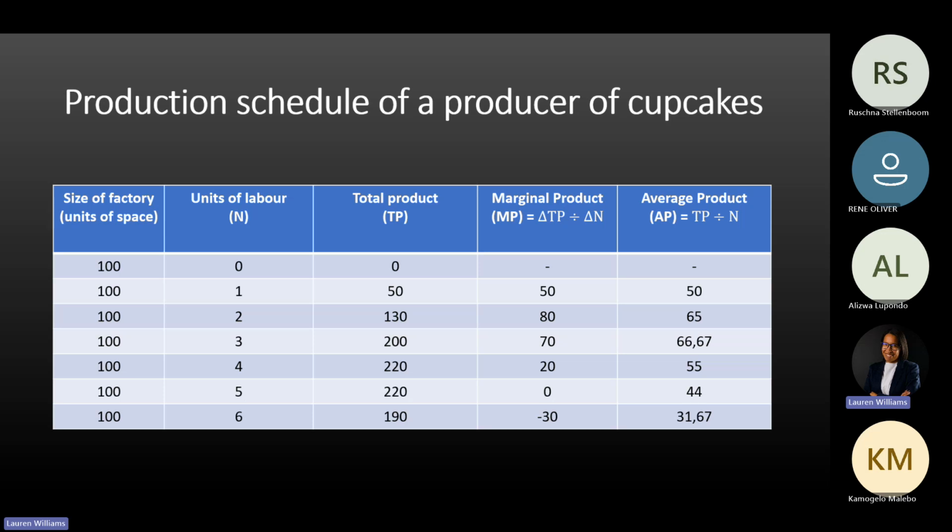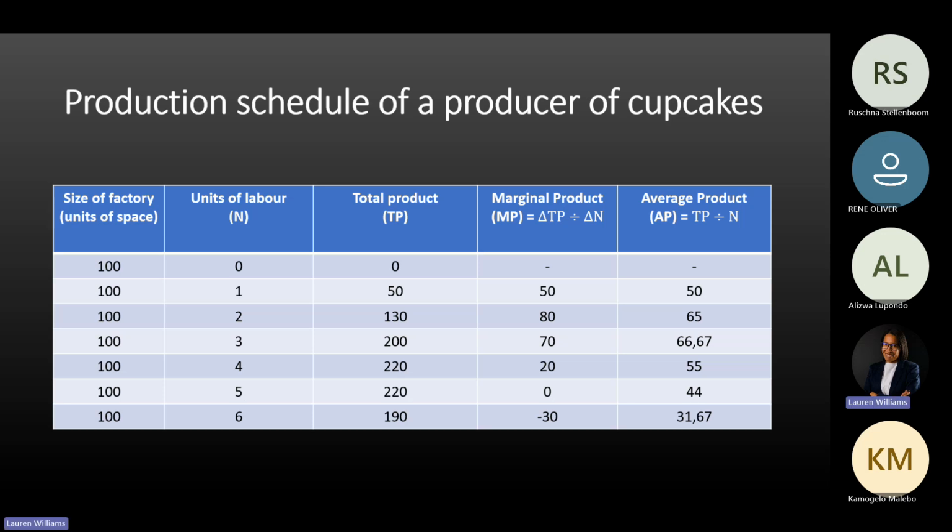If we move from 2 to 3 laborers, it's 200 less the 130, giving us 70. So there you can already see the law of diminishing marginal returns. It's getting less and less for every additional laborer you're employing, meaning the additional employees bring in less to the business, until it becomes negative.